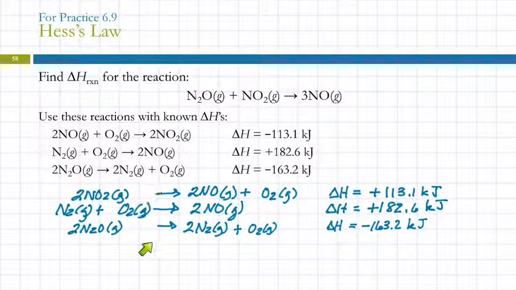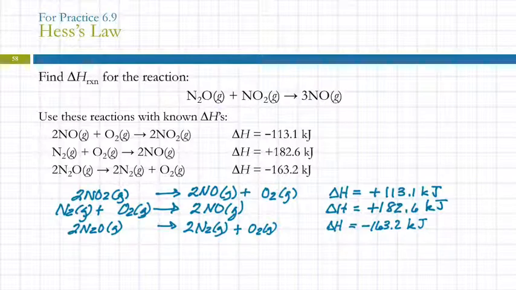Well, so I'm lining up the arrows here so that I can clearly see, okay, these things are all reactants, these are all products. When I look at my overall reaction, I need NO to be a product. So I don't want NO to be on the reactant side here because that's not what I've got here. I want NO2 and N2O to be on the reactant side.